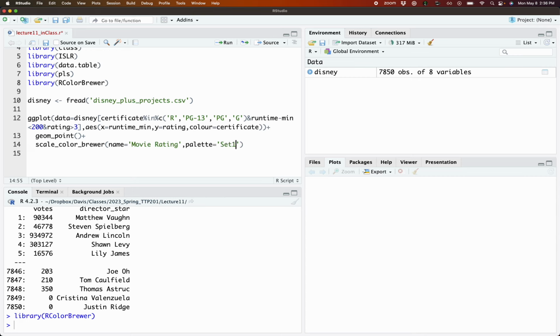So what we're gonna do, if you're following along, is along the x-axis, it's going to be how long the movie is, and on the y-axis is gonna say how highly rated the movie is. And then the colors are going to indicate the certificate. So x-axis, movie runtime in minutes.